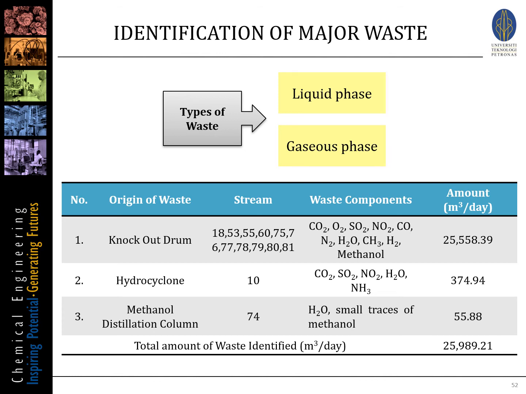There are three origins of waste from our plant, which are the knockout drum, hydroclone, and methanol distillation column, and the total amount of waste identified is 25,989.21 meter cube per day for our plant.